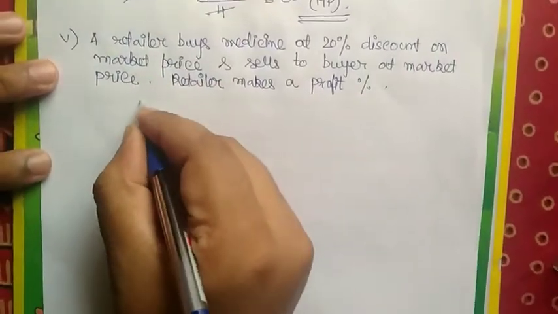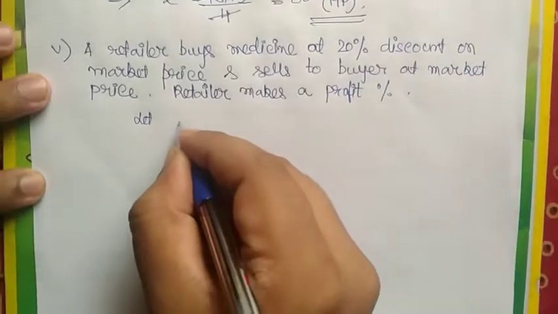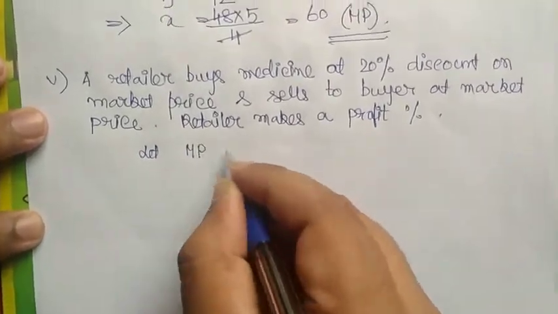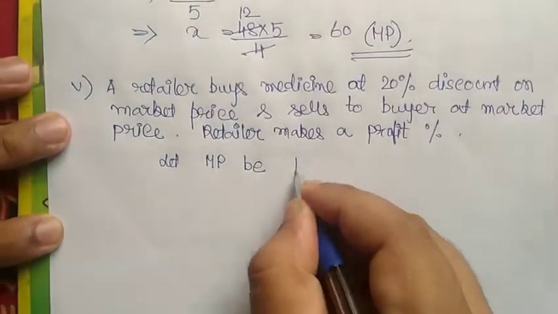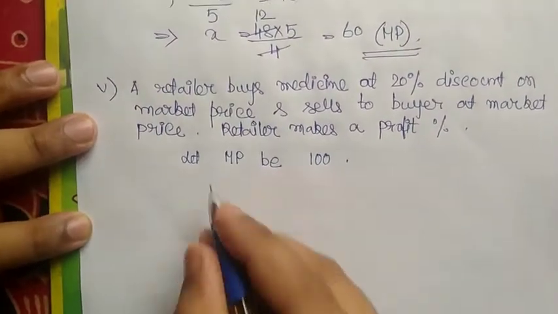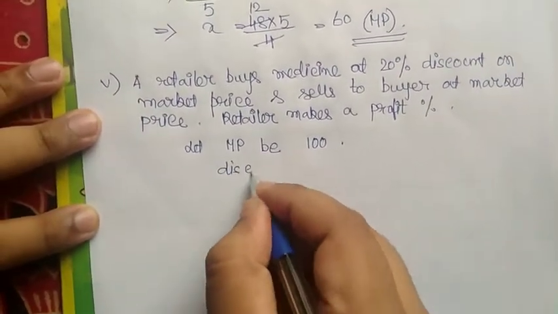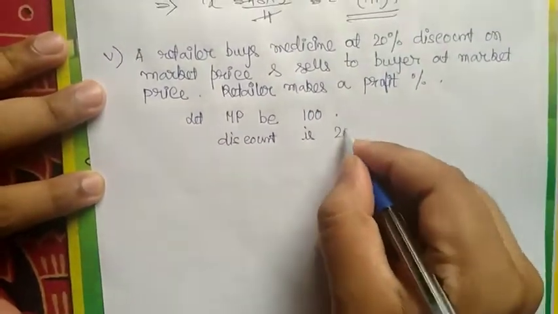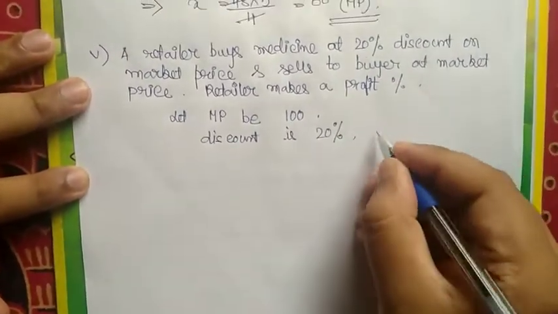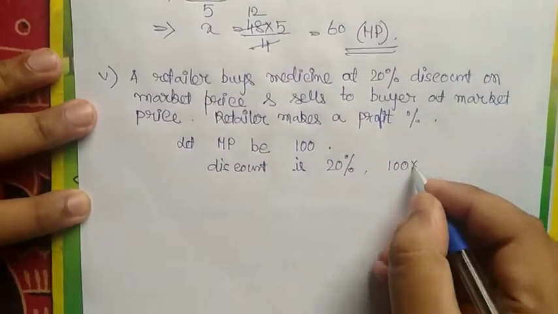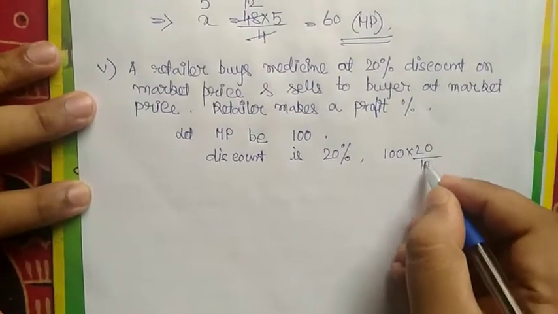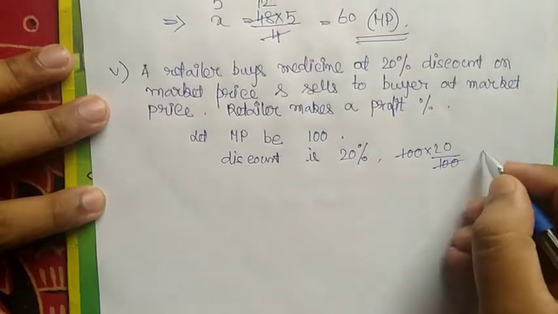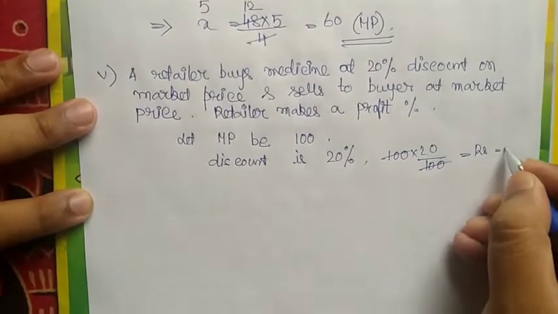So first we assume, let market price be 100. So discount is 20%, meaning 100 into 20 by 100, rupees 20.